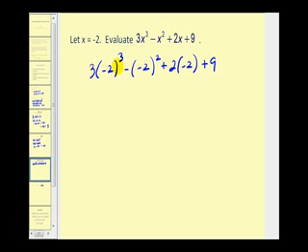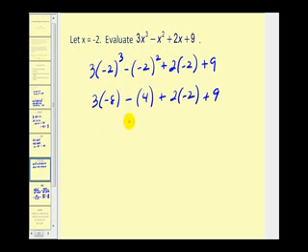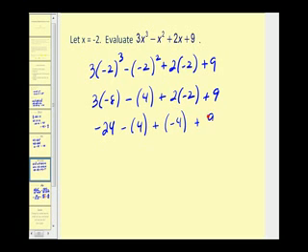Negative 2 raised to the third power is equal to negative 8. Negative 2 squared would be positive 4. And now we'll multiply. 3 times negative 8 equals negative 24. Here we'll have minus 4 plus 2 times negative 2, that's negative 4, and then plus 9.